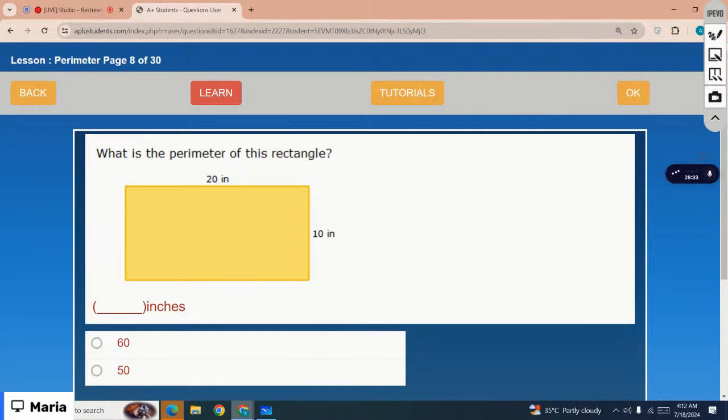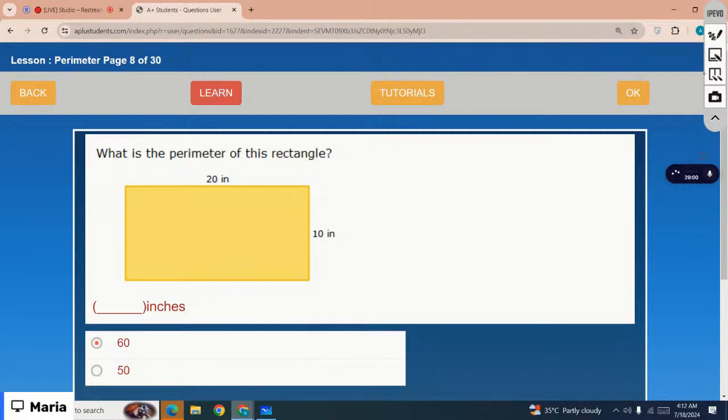Which is the correct option? Yes, option number one is the correct option.